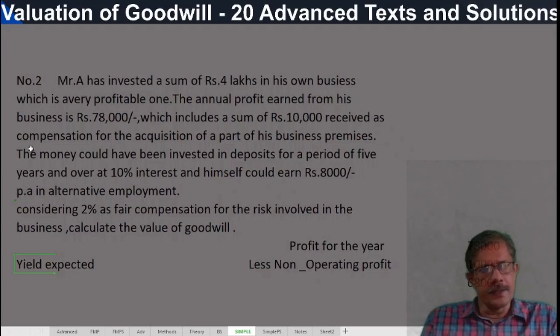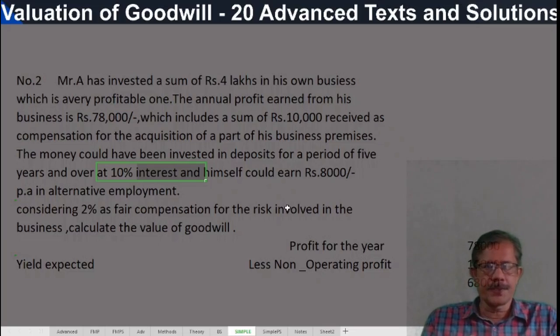So here it is saying the money could have been invested in deposits for a period of 5 years and over at 10% interest. And again saying considering 2% as fair compensation for the risk involved. It is called a yield. The definition is given in the question directly.